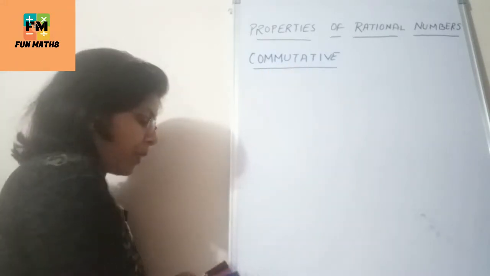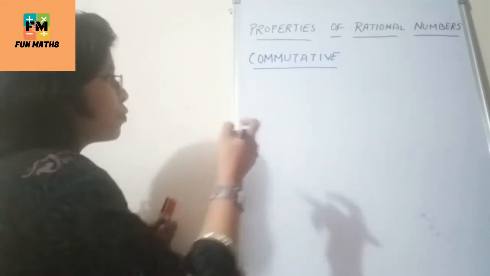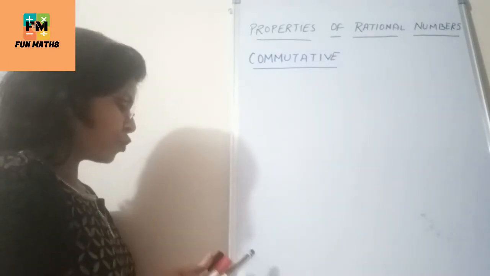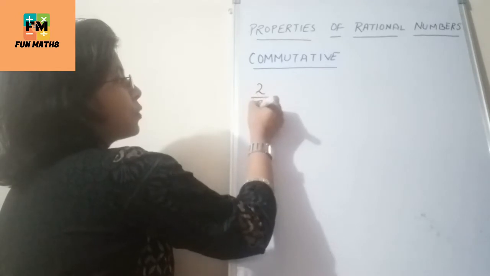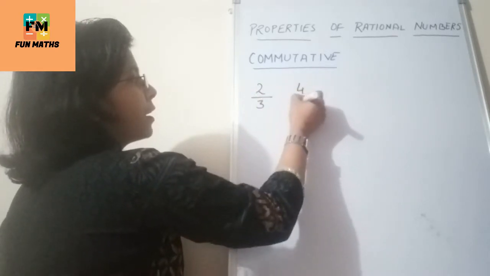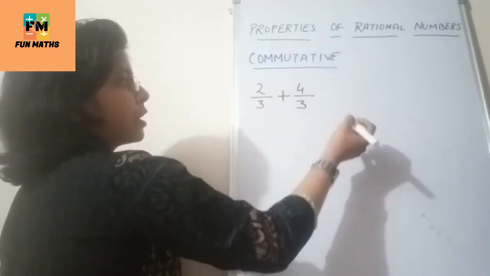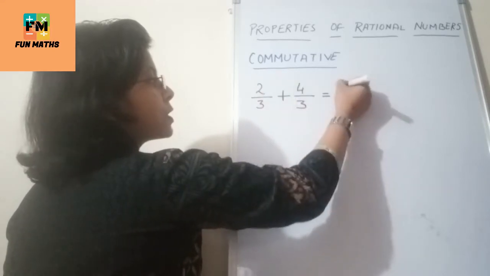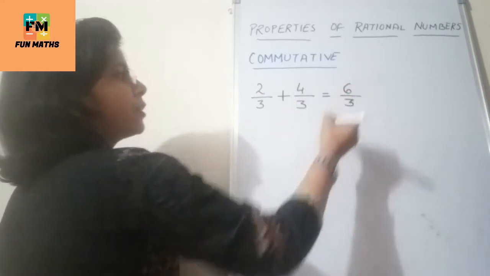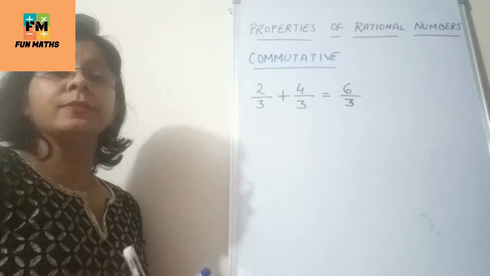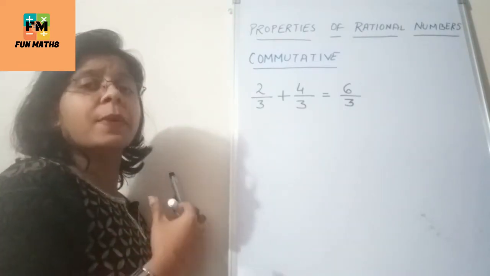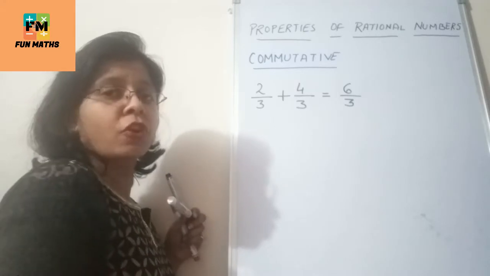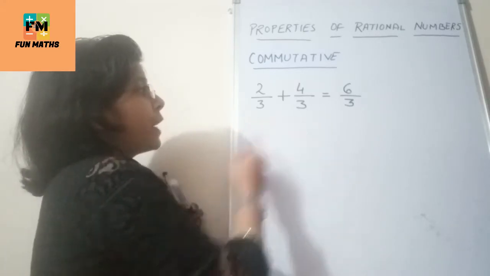Start with addition. I'll take two rational numbers: 2 by 3 and 4 by 3, right? If I add these two rational numbers, 2 plus 4 is 6, and 6 by 3 is the result. Next, to check whether rational numbers are commutative under addition, we need to interchange.